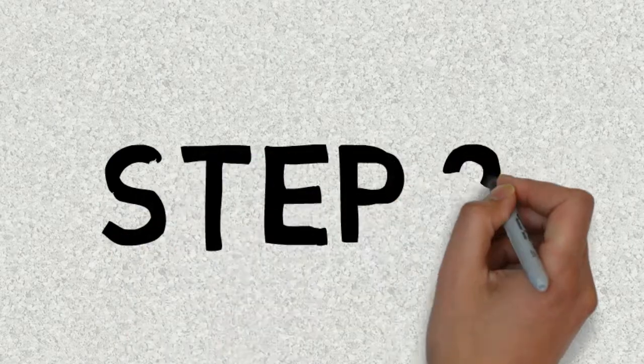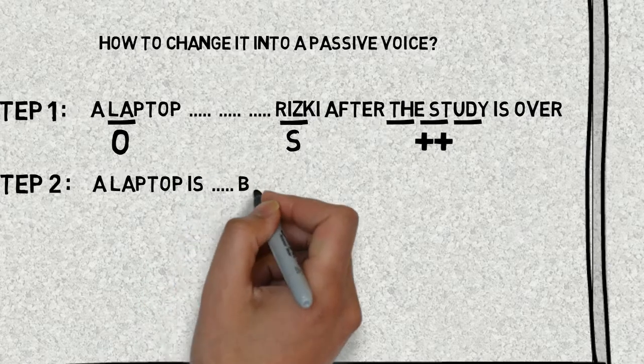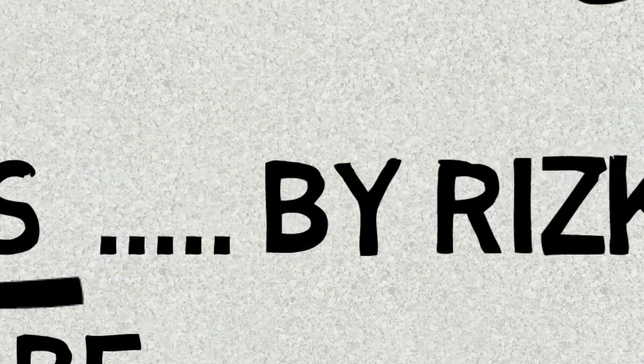Step 2: a laptop is blah blah blah by Rizky after the study is over. Add is after the object and by before the subject.